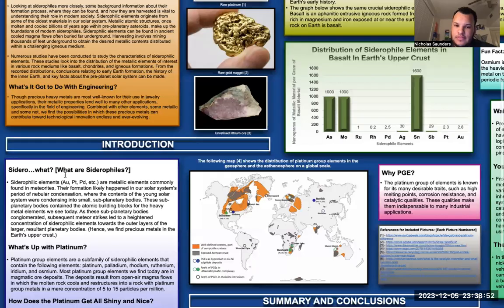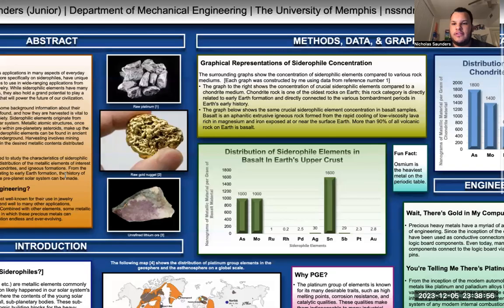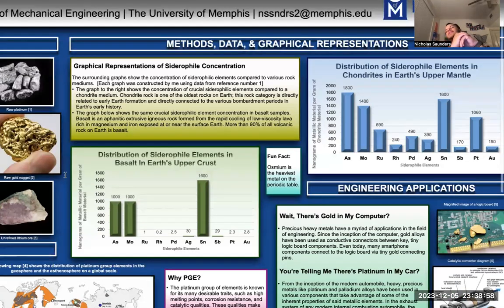Oftentimes, when we want to know the distribution of these siderophilic elements in the earth, we have to go around and dig up rocks and take rock samples, and then study the concentration of the siderophilic elements and the heavy earth elements that we want in these rock samples.